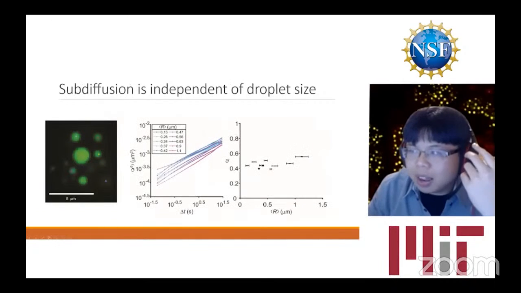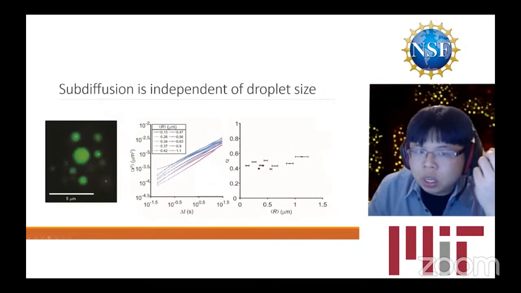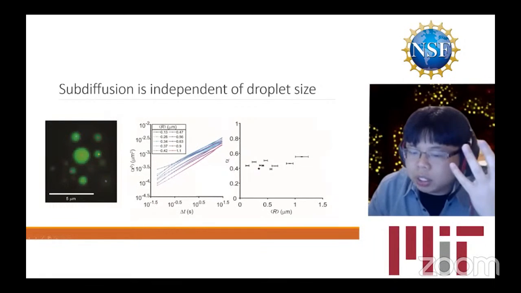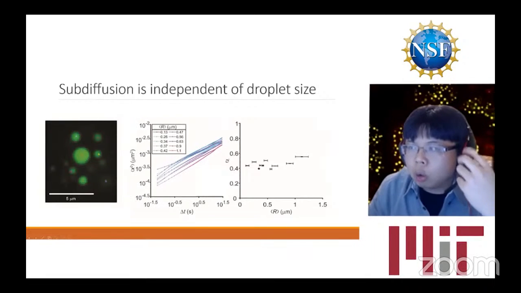We find that if we average over many droplets and look at many different sizes, the mean square displacements all behave roughly similarly, and they all have an alpha of around 0.5, which is consistent with a material that has a pore size far below our probe size.